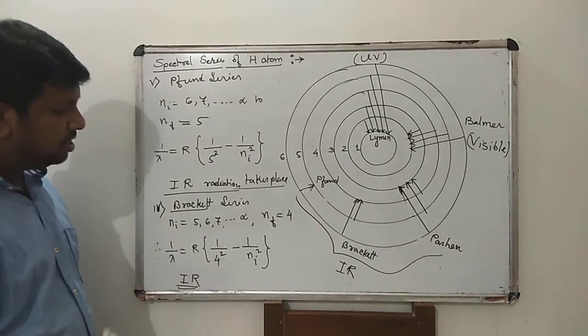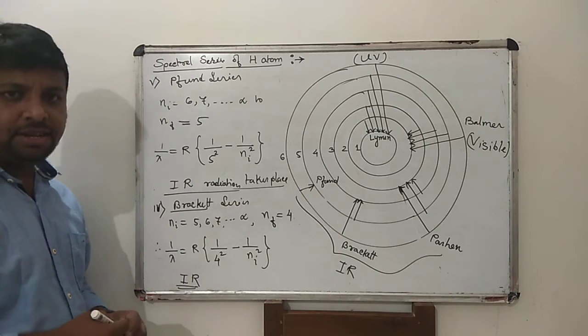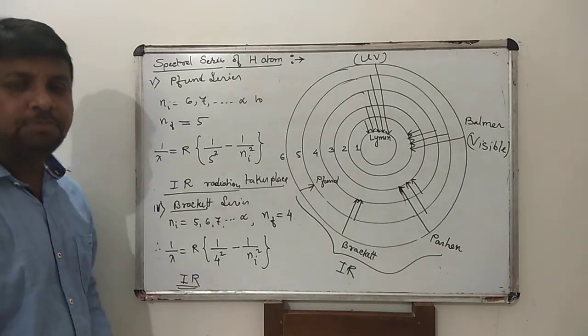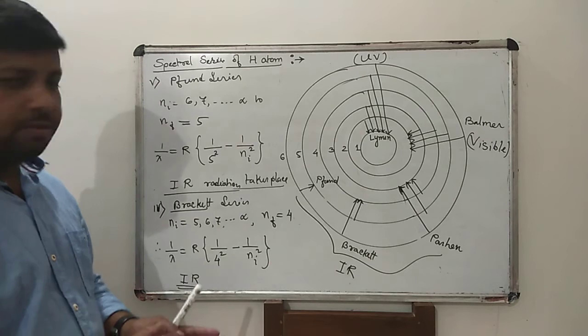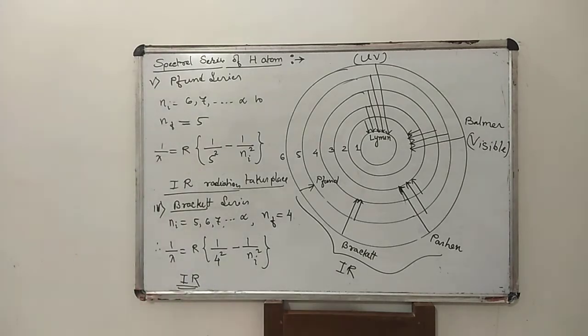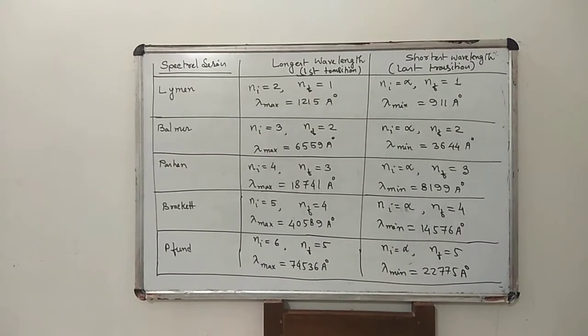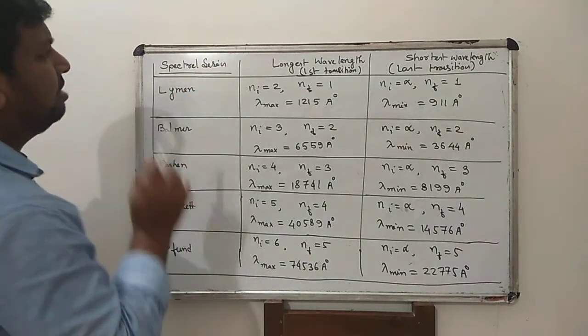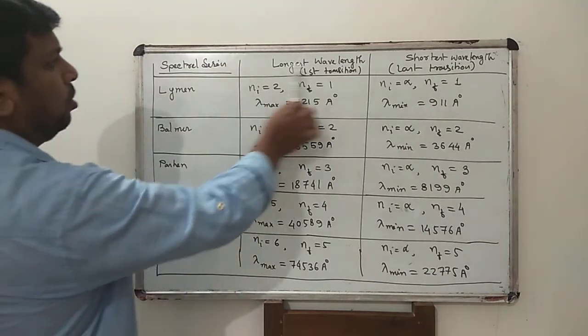So from this we get a band of wavelength. That means we get a range of wavelength. So students, now see, we get different series and different ranges of wavelength. Okay, so first is the spectral series. Next, longest wavelength.